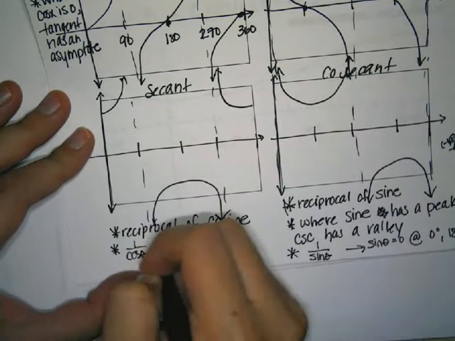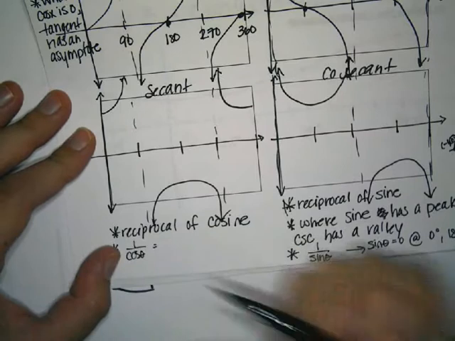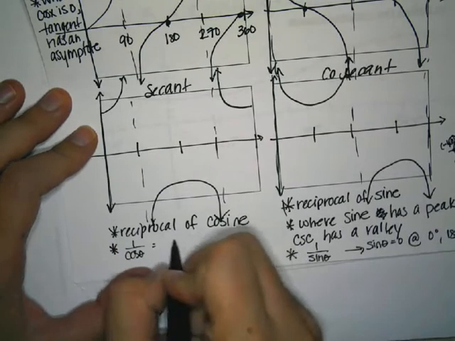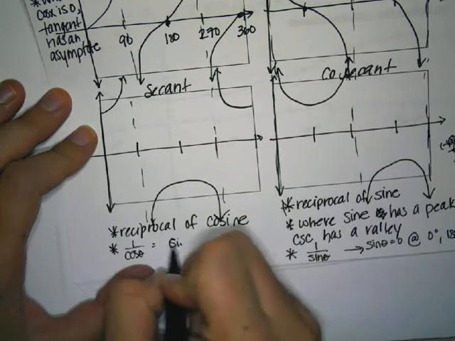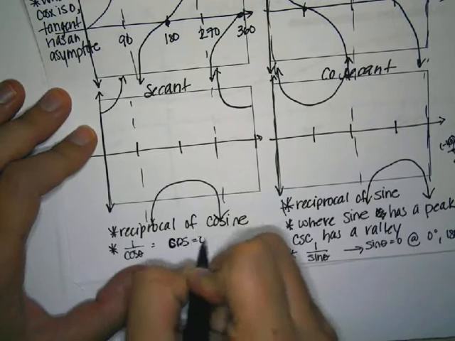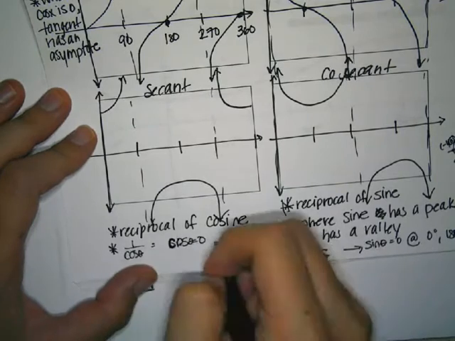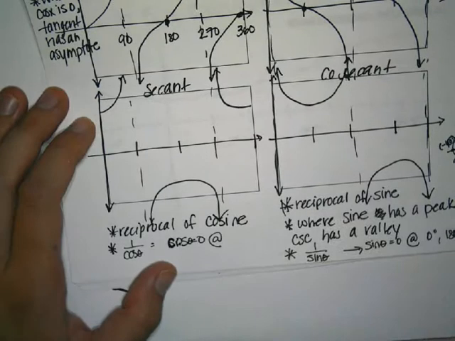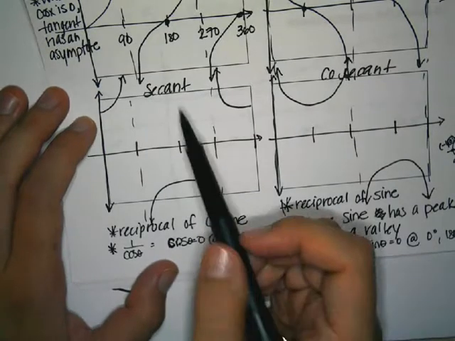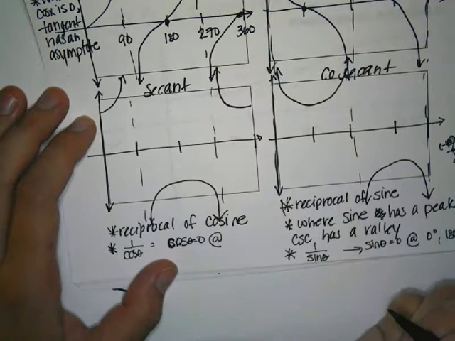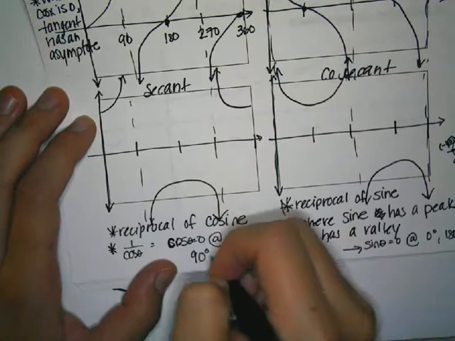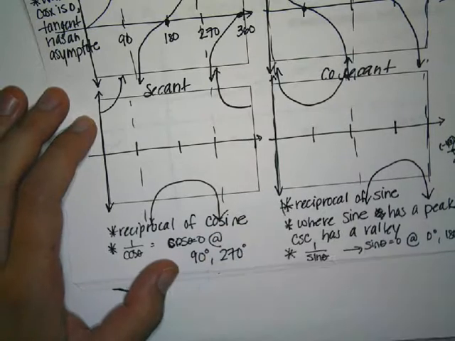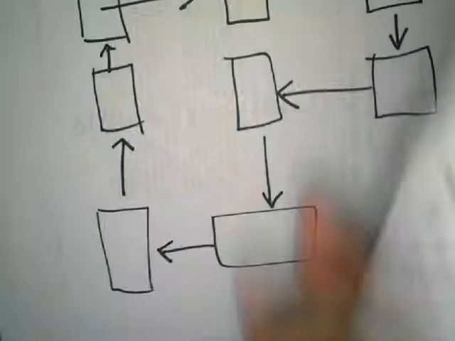And this function is technically 1 over cosine, and so wherever cosine is 0, you're going to have an undefined, or you're going to have an asymptote. And so cosine is 0 at 90 and 270.